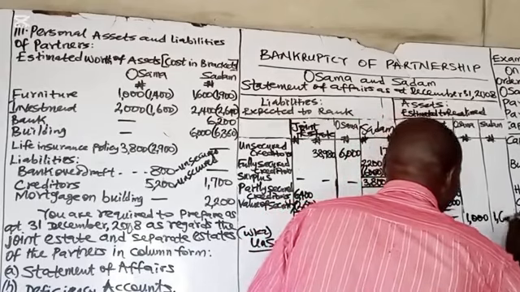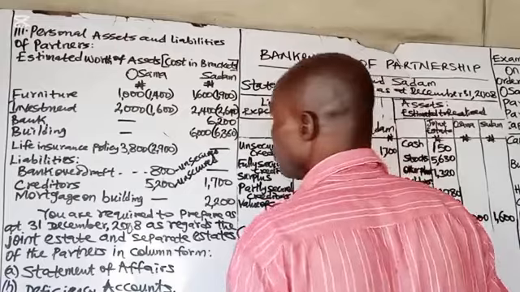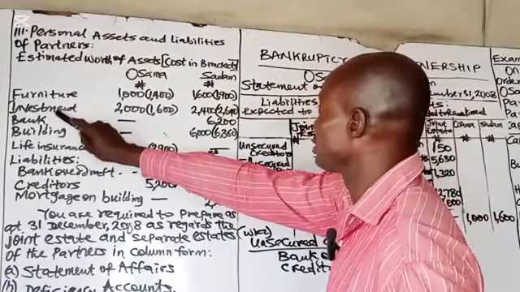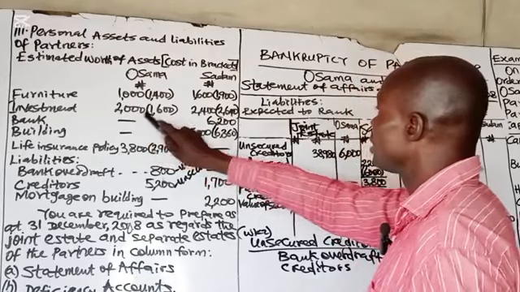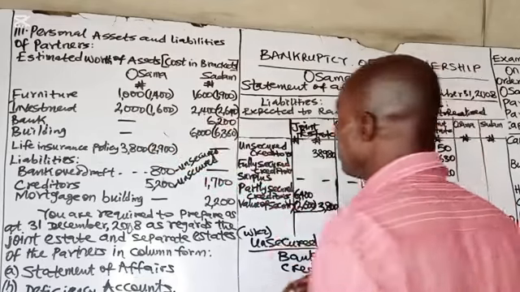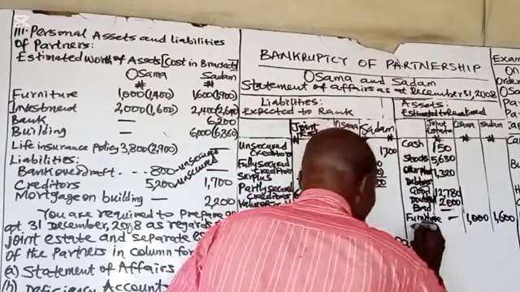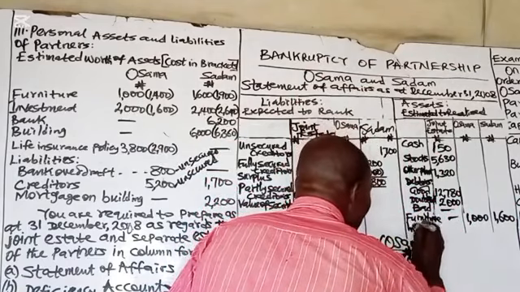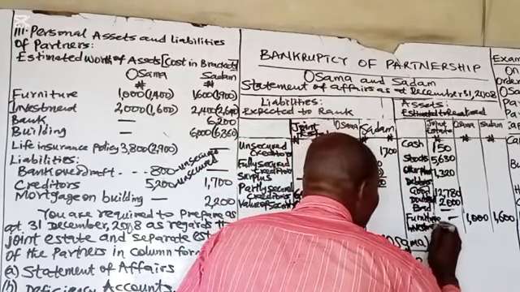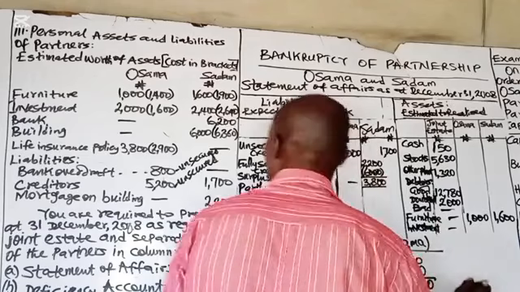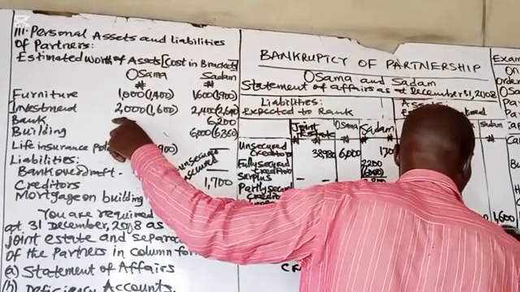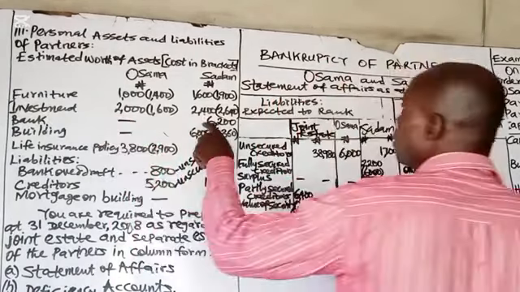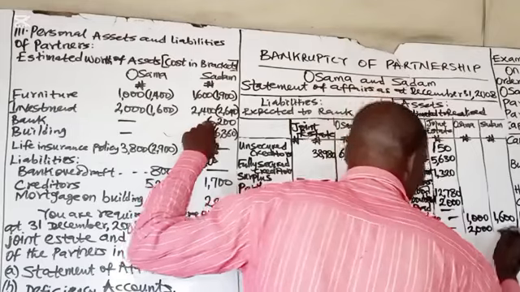We have investment: 2,000 for Osama, 2,400 for Saddam.